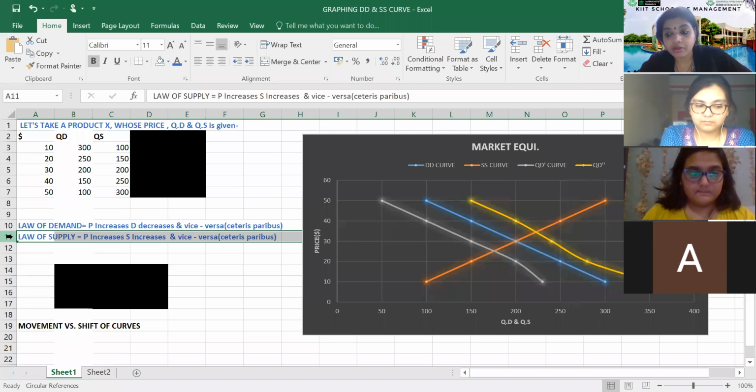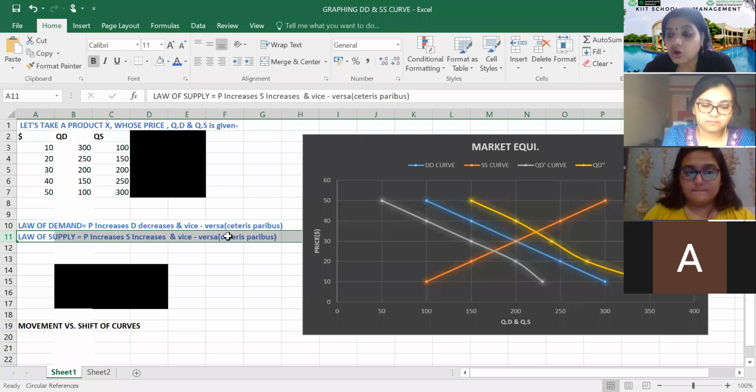If there is a gap between the cost price and the selling price, then of course the level of profitability will be high. So that is why if the price increases, the seller is motivated because he is being carried away by the level of profit, and from his point of view, the supply level increases.